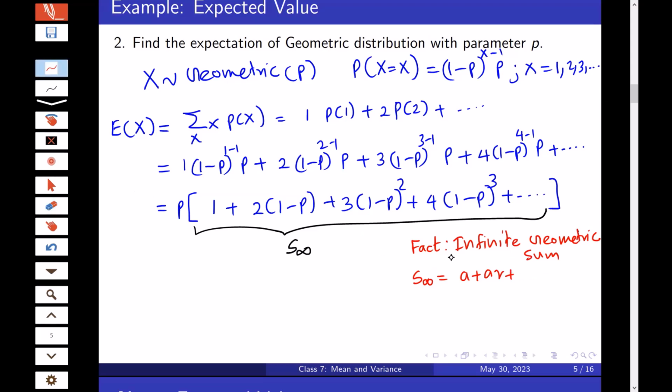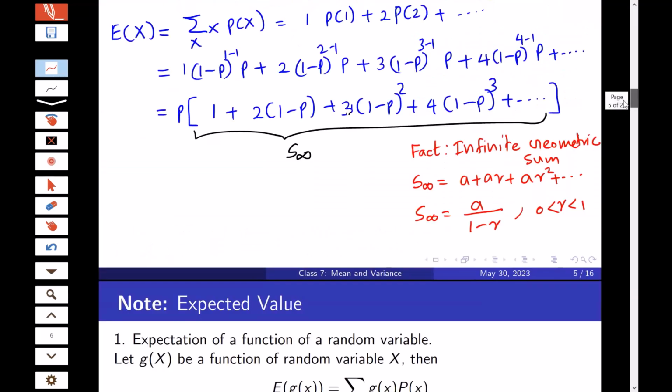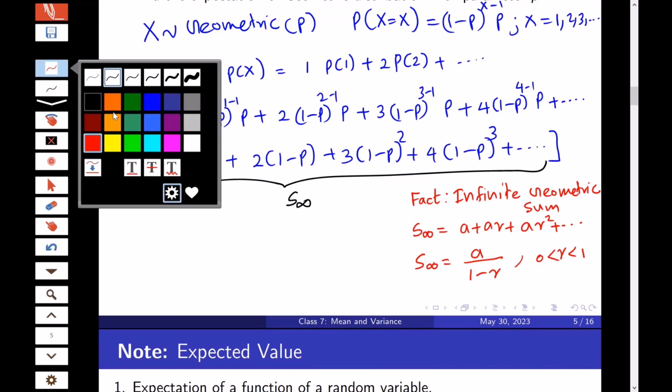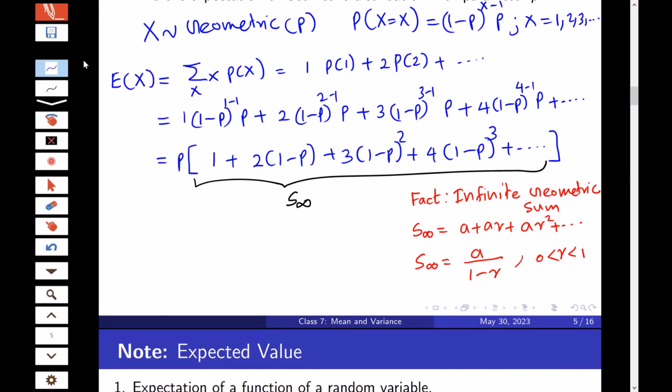Then we can find the summation as the first term over 1 minus r, where r is the common ratio, if r is between 0 and 1. We are going to use this fact and find the value.